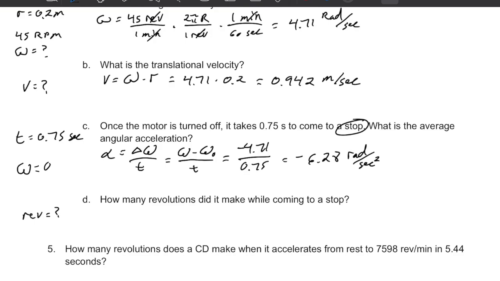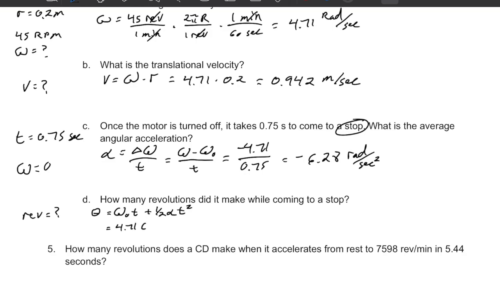We can say that theta, which gets us radians, is equal to omega naught, the initial angular velocity, times time, plus 1/2 angular acceleration times t squared. Theta is equal to omega naught t plus 1/2 alpha t squared.